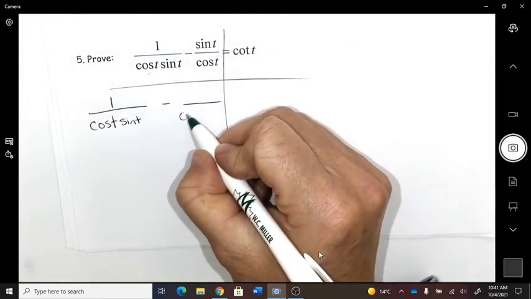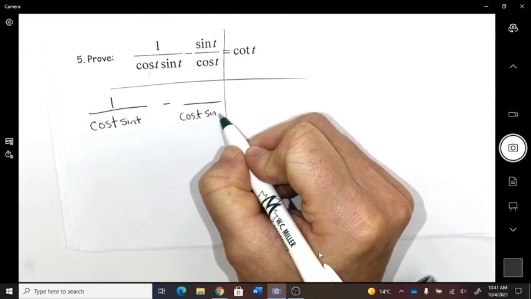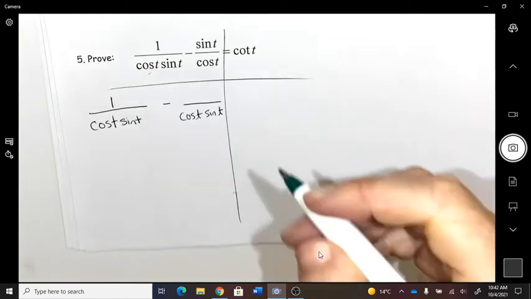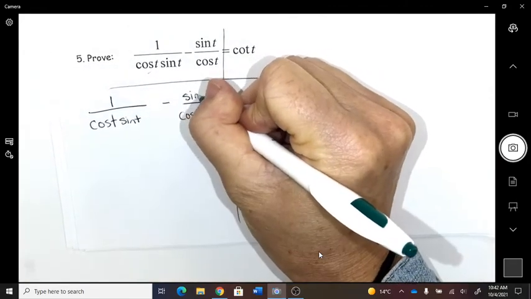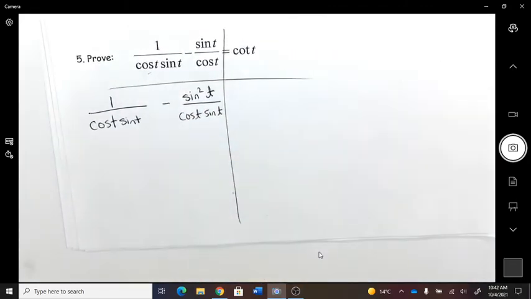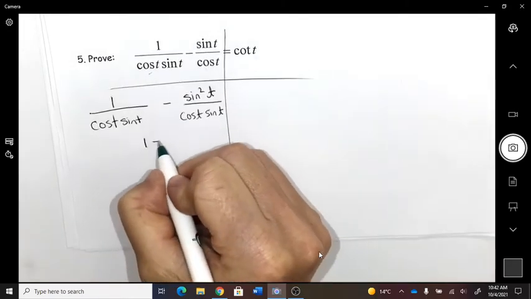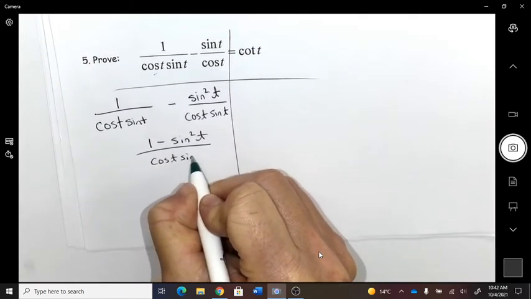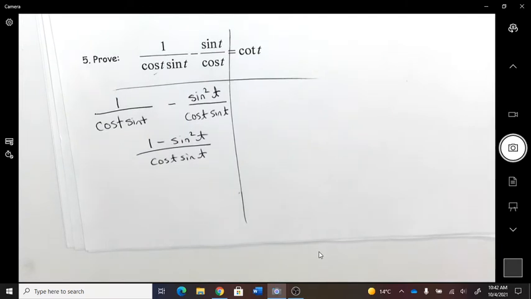You're going to have to times it by a sine, which is going to do what to the top? So I times that fraction by a sine on the top and on the bottom. Are you okay? Now I have a common denominator. Okay, so let's just put this together now.